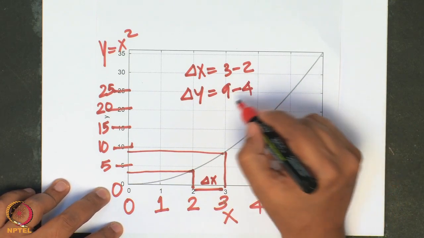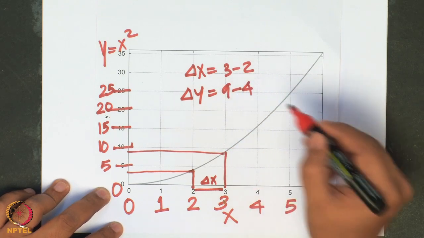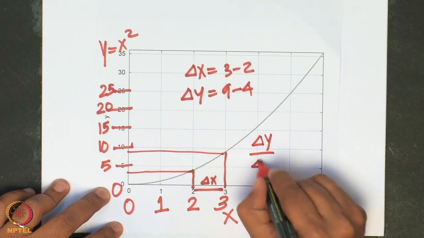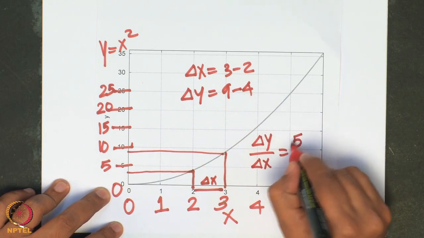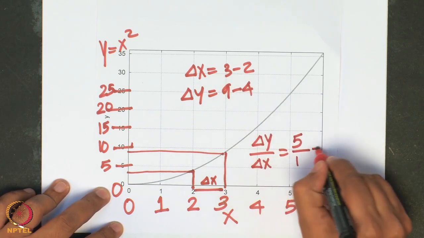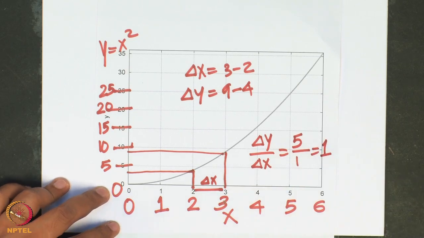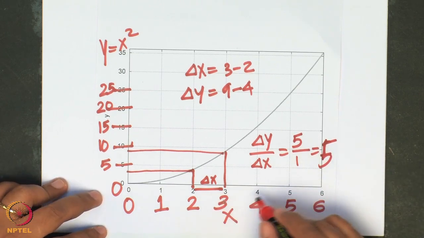So delta y by delta x is 9 minus 4, which is 5, divided by 3 minus 2, which is 1. You will get 5 as the answer.